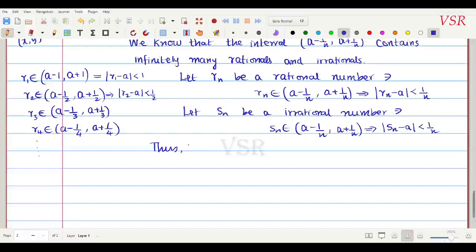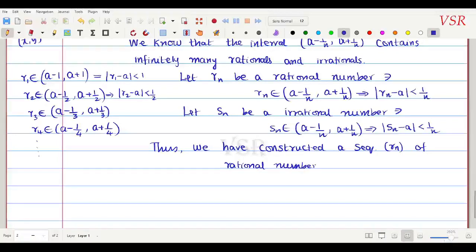Thus we have constructed a sequence Rn of rational numbers such that Rn converges to a.